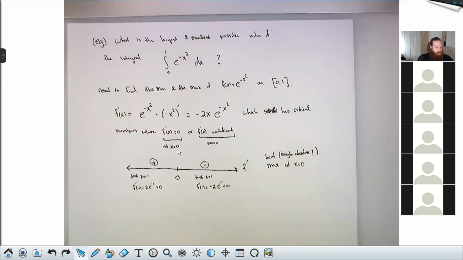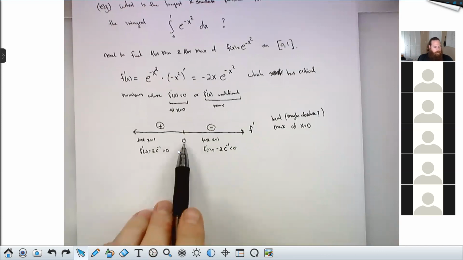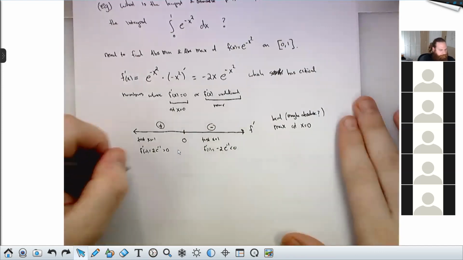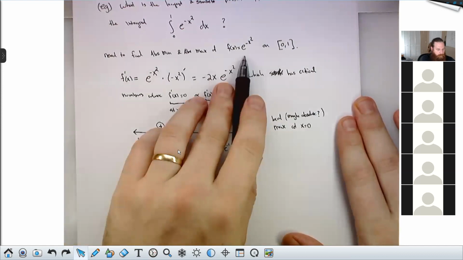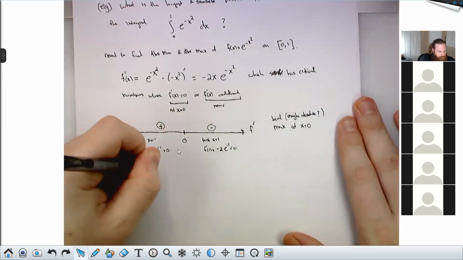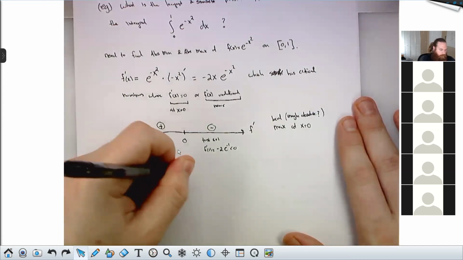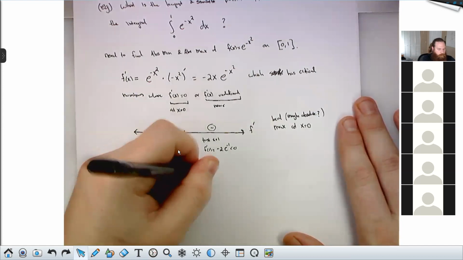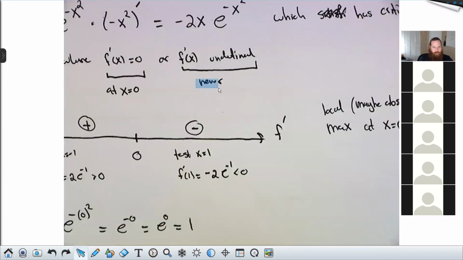To determine the absolute min and absolute max from here, we need to compare the value of the function at 0, the original function, which is e to the -x squared, so that's e to the -0 squared, which is e to the 0, which is 1, with the value of the function at the endpoints. Yes, it's never undefined. Yeah, sorry, this is never.